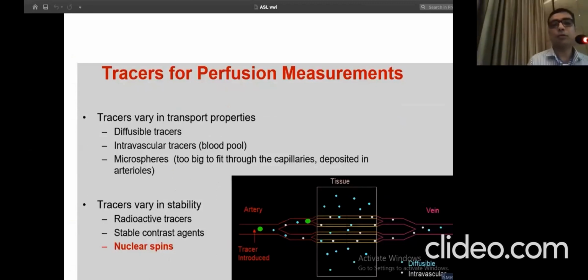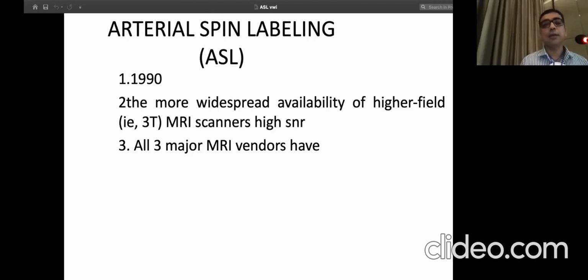Yeah. So we need a tracer for perfusion measurement. I was saying it may be contrast or it may be a nuclear spin. We picked up this ASL a couple of years back because I was traveling to Calicut for proctoring cases, and there the department was using ASL a lot. They asked why we were not using ASL for our extended window period.